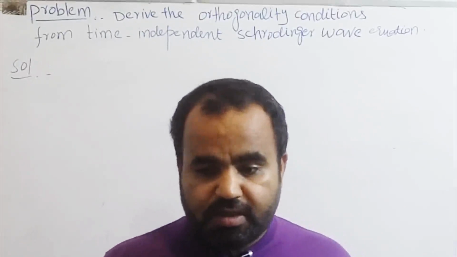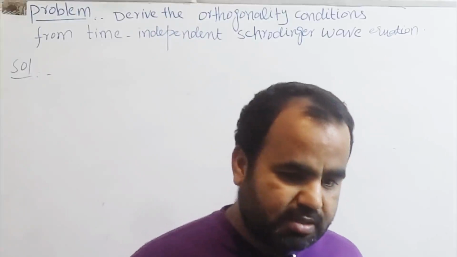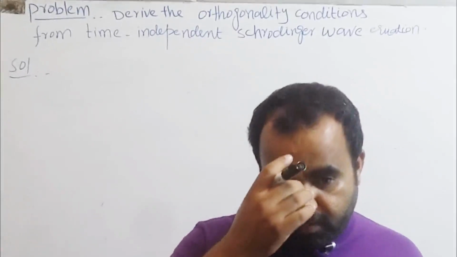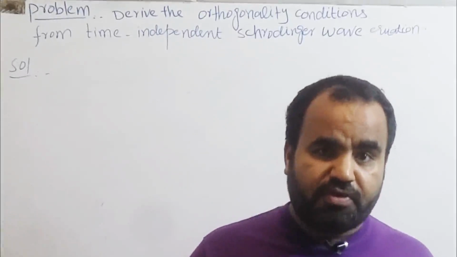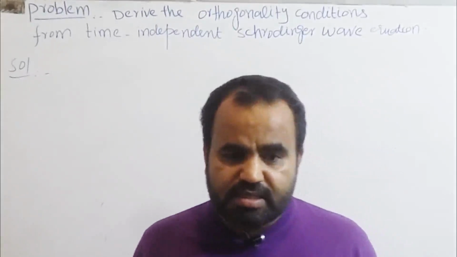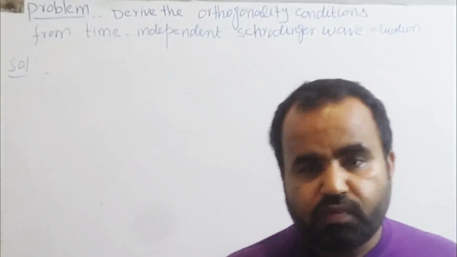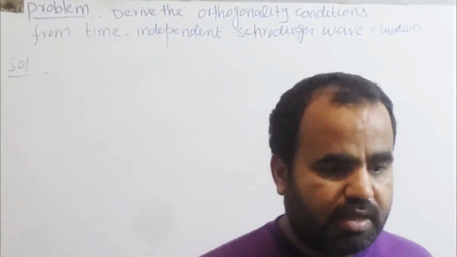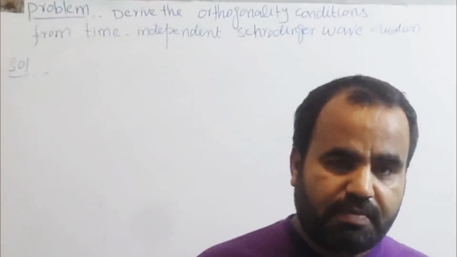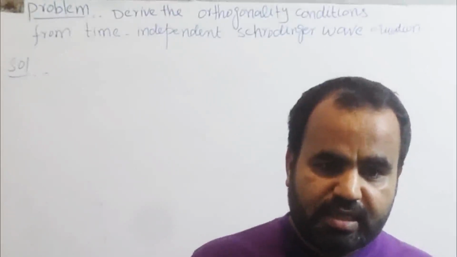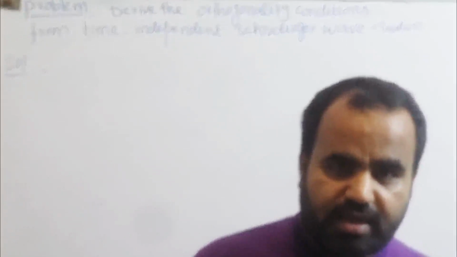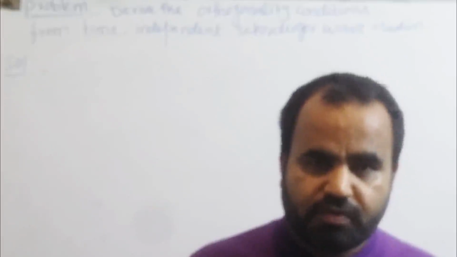So for the orthogonality conditions, we want to find the orthogonality of wave functions. Since psi is the wave function, we will take two functions, psi n and psi m. So the integral of psi m and psi n from minus infinity to infinity should be equal to 0.